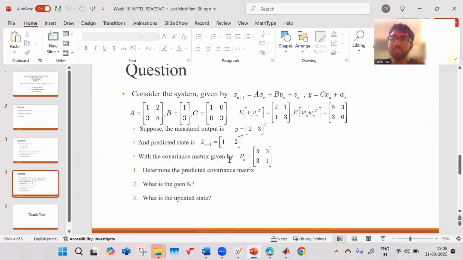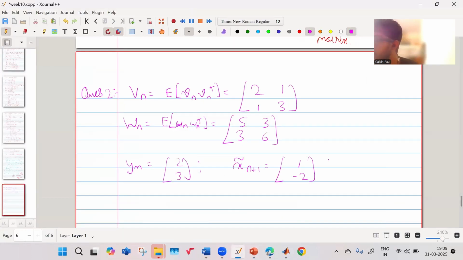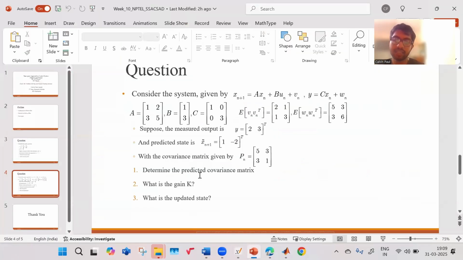Also, we have the covariance matrix given by Pn is 5, 3, 3, 1. So this is the Pn matrix. Now they are telling us to determine the predicted covariance matrix. We have to find the predicted covariance matrix, the gain K, and the updated state.